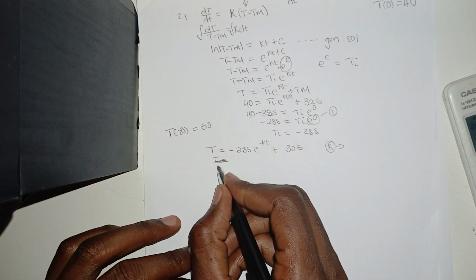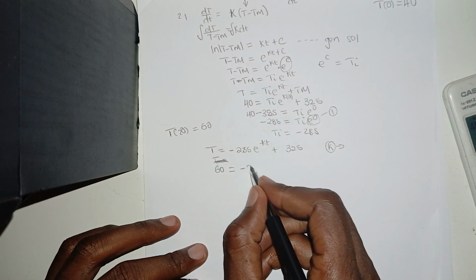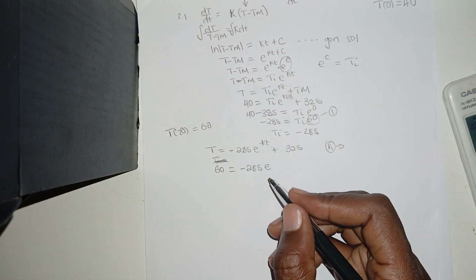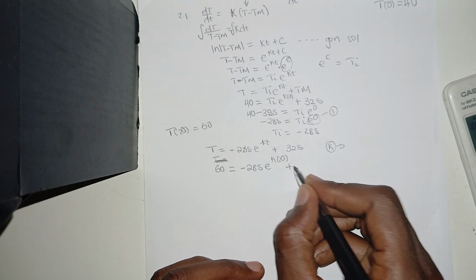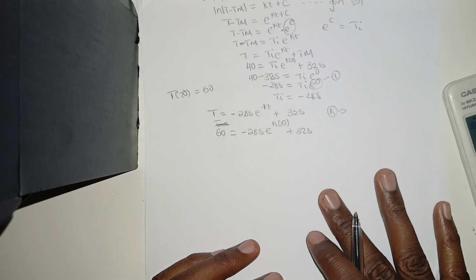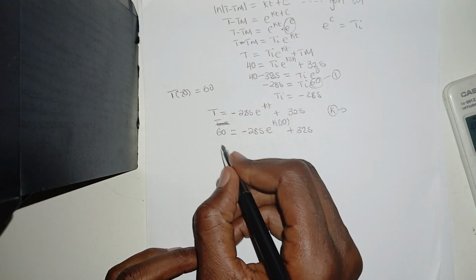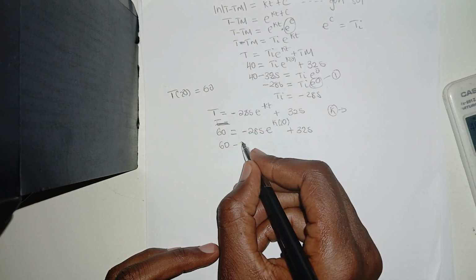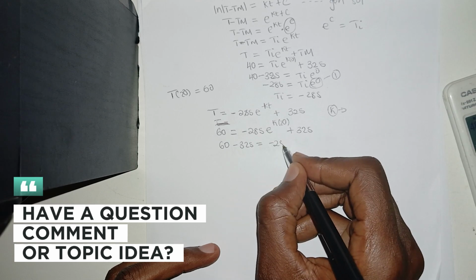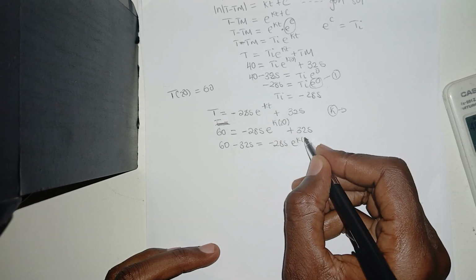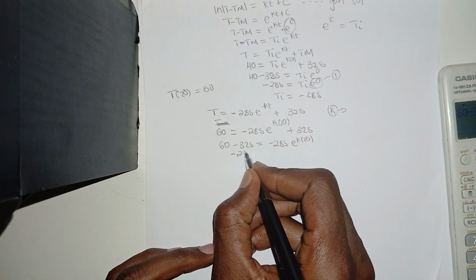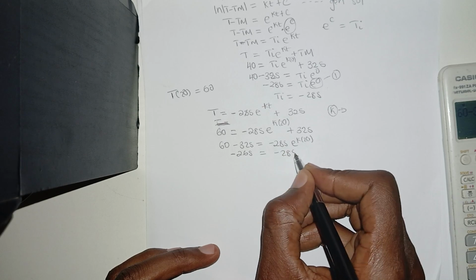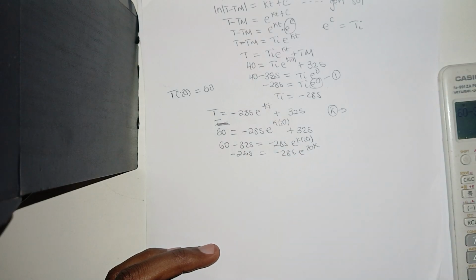So 60 is equal to negative 285 e to the power k times 20, then plus 325. So 60 minus 325 is equal to negative 265 is equal to negative 285 e to the power 20k.